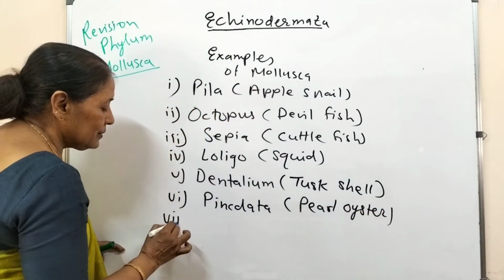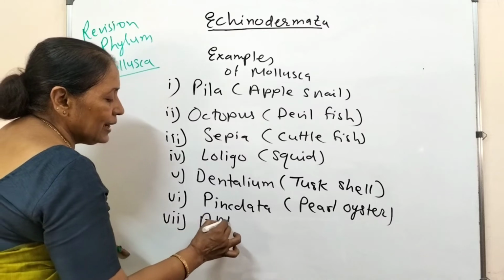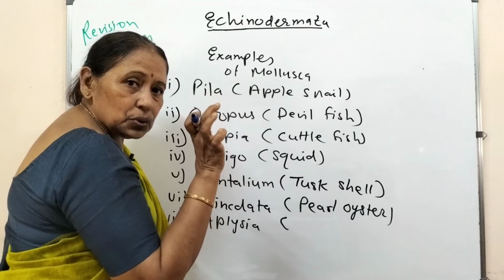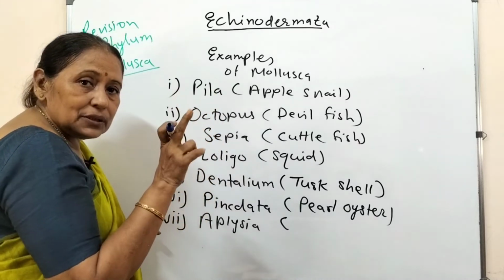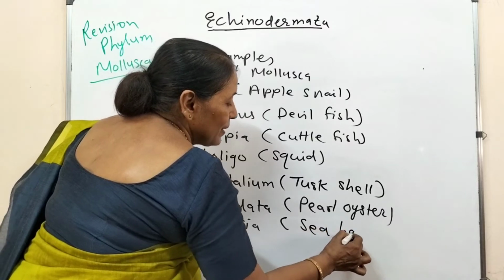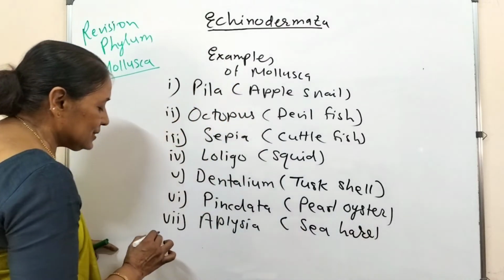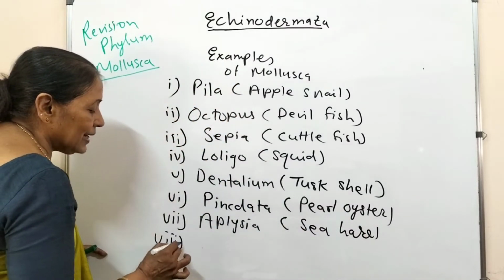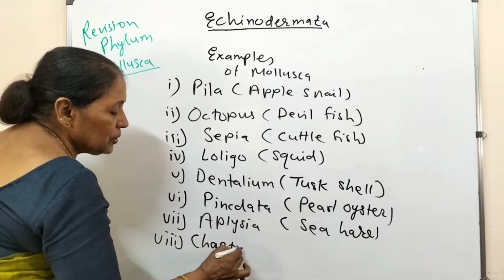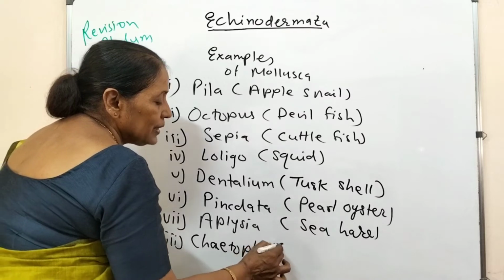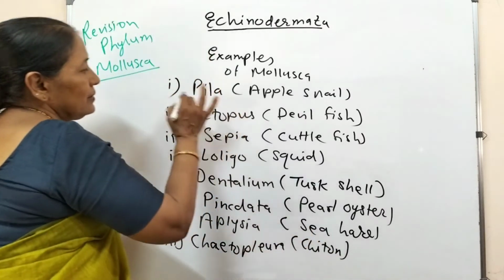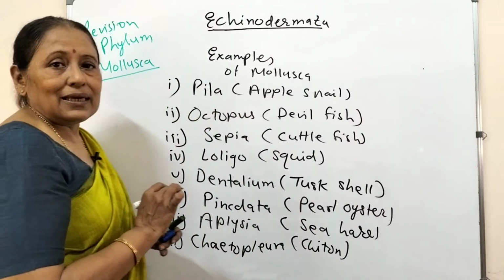Then this is Aplysia. It has two structures like the ears of a hare, that's why it is called sea hare. And then the last, the 8th one, is Chaetopleura or chiton. So these are the different examples of mollusca.